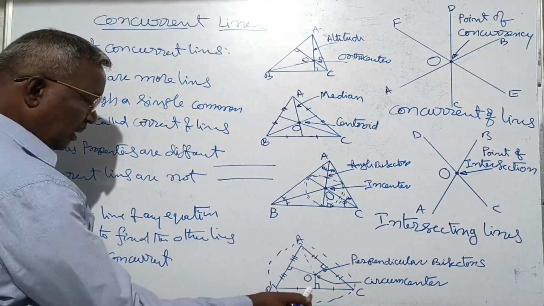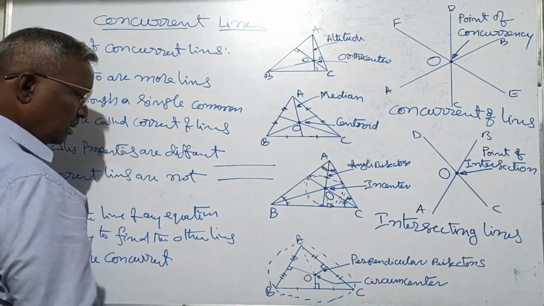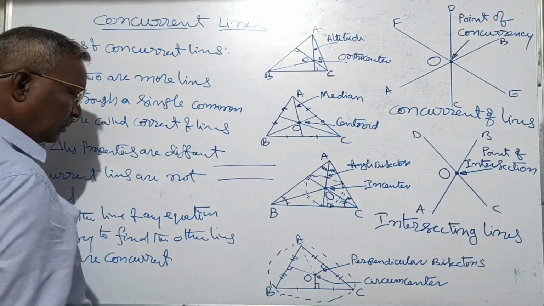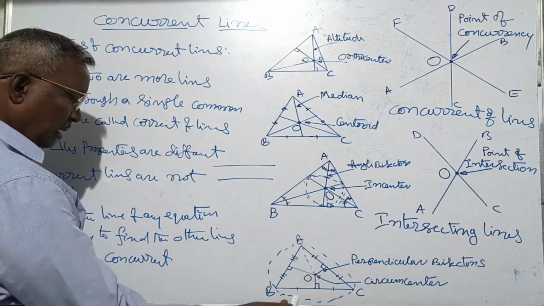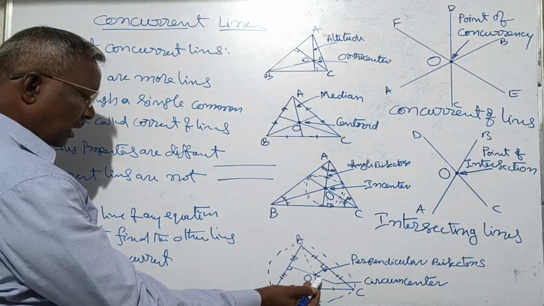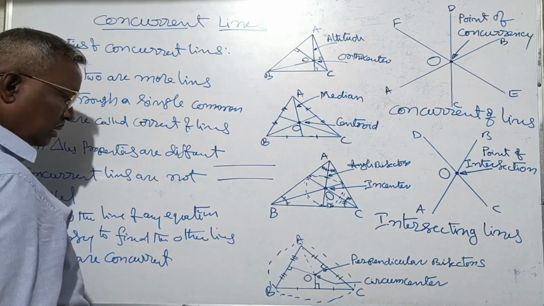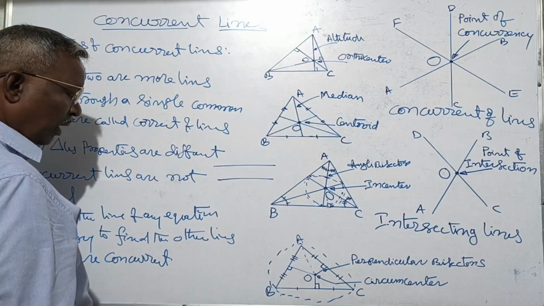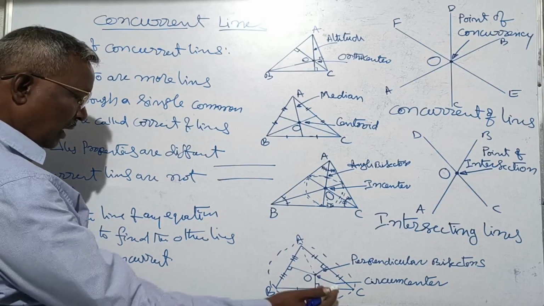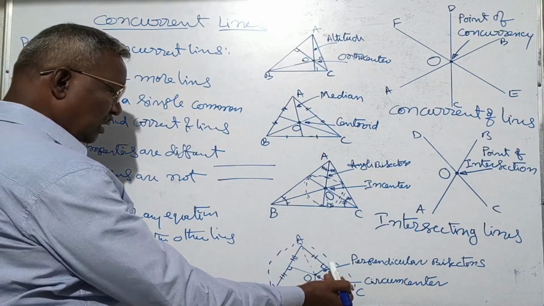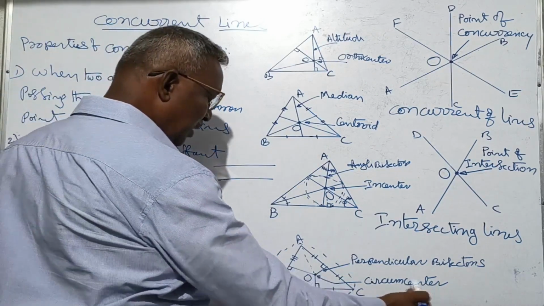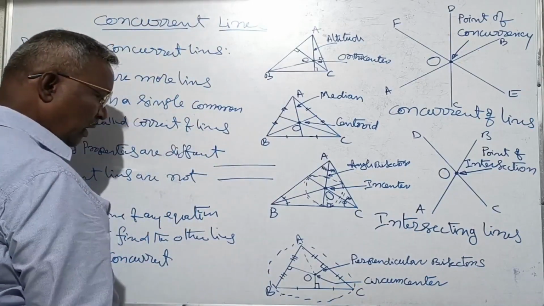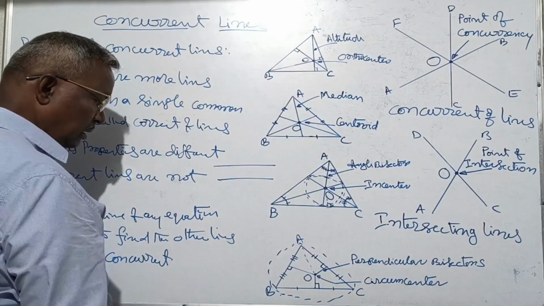Perpendicular bisectors of the three sides meet at one point. In a triangle, perpendicular bisectors are concurrent. That concurrent point is called the circumcenter.